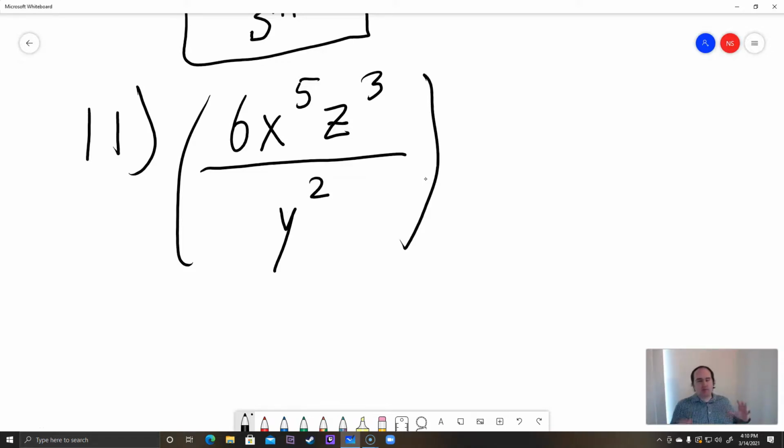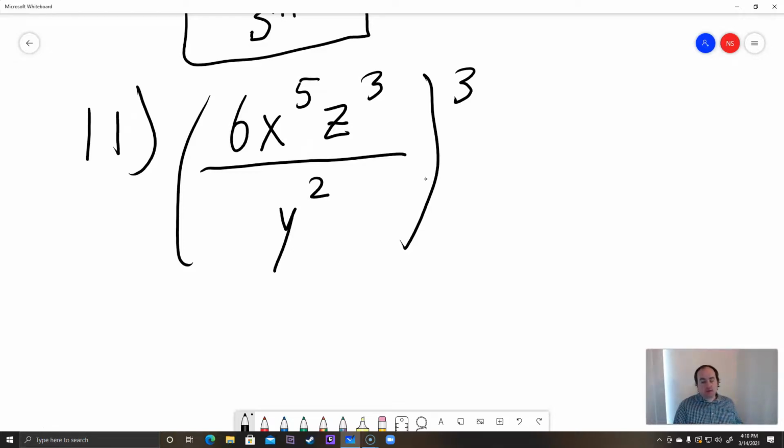And then these parentheses go around the whole fraction, and then we're raising the fraction to the third power.